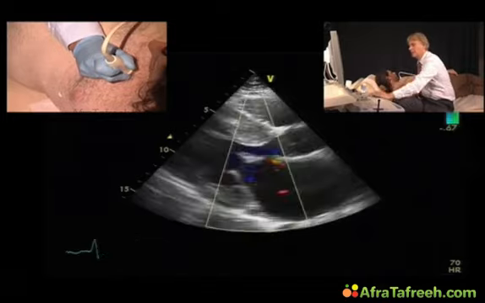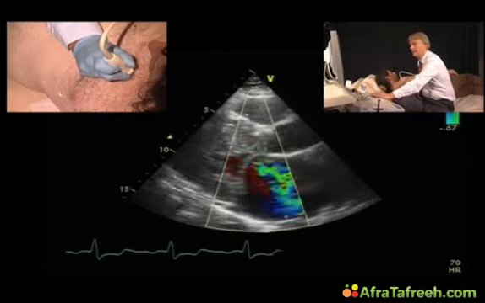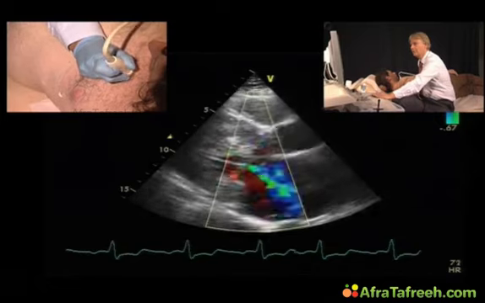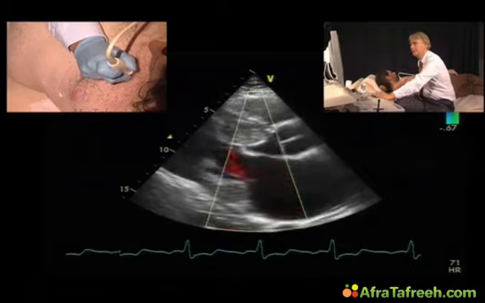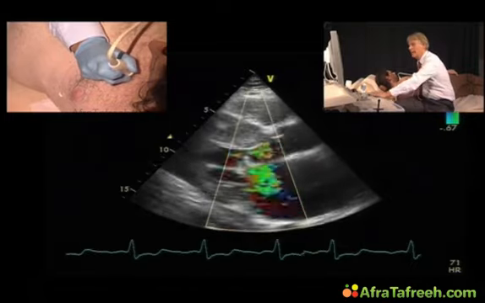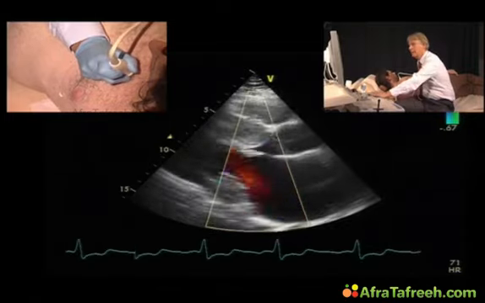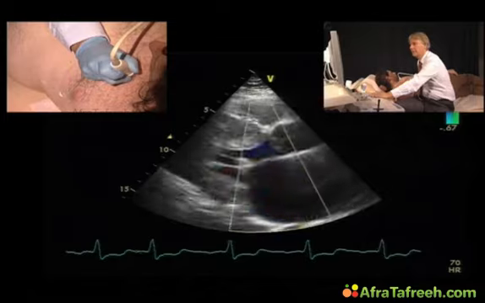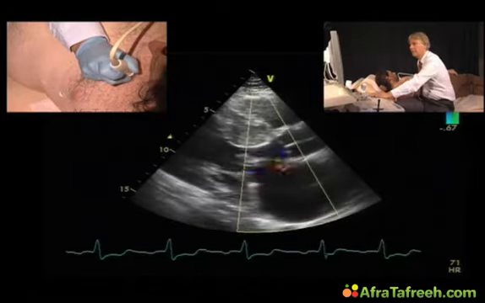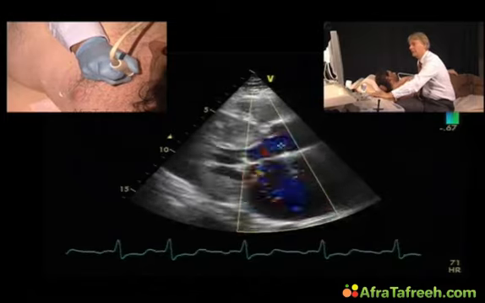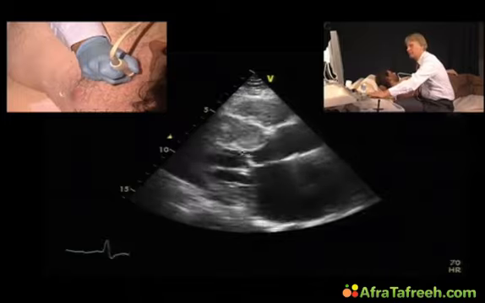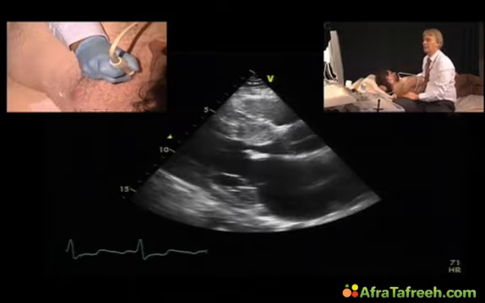We can look at that in color, and truly you will see that the jet has a more posterior direction. In addition, we see turbulent flow in the LVOT, which is in contrast to patients with valvular aortic stenosis, where the turbulent jet starts here at the valve and not in the LVOT. So this is indicative of LVOT obstruction.